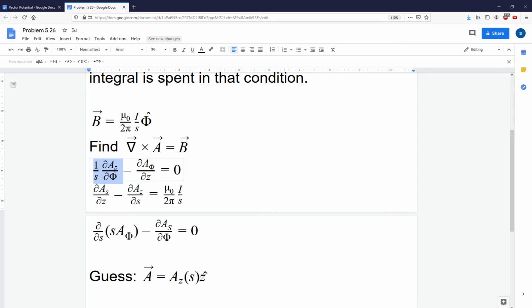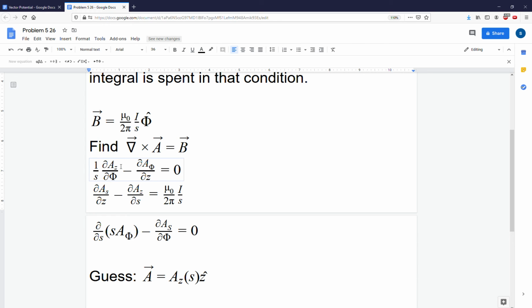That potentially could affect that term and that term. If A does not have an S component or a phi component, this goes to 0 automatically and we're done. Furthermore, since we're looking for something that depends on S here, if the z component of A depends exclusively on S, this term will go away.